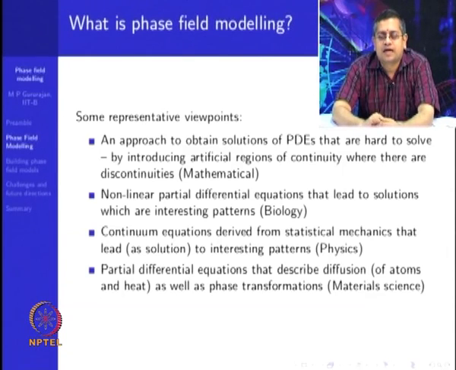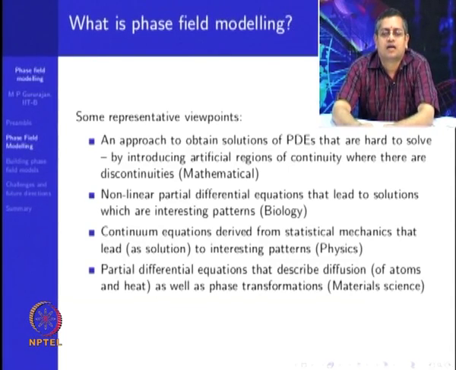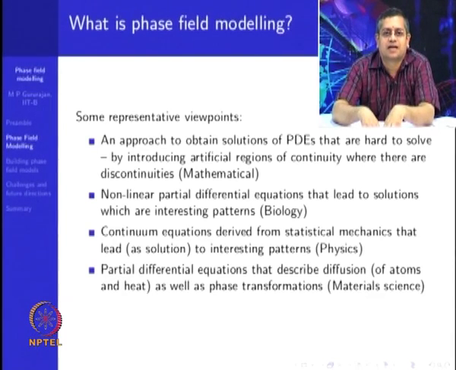So, it becomes very difficult to solve such PDEs if you pose them in the classical setting as sharp interface models, but the diffuse interface approach can give us equations which we can solve. So, more mathematically oriented researchers think that phase field modeling is basically an approach for solving PDEs.